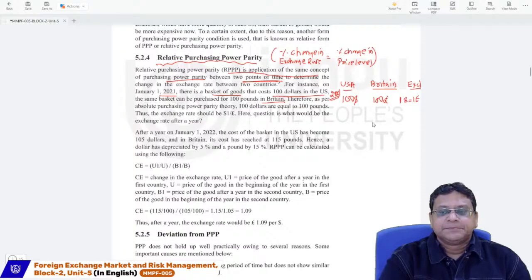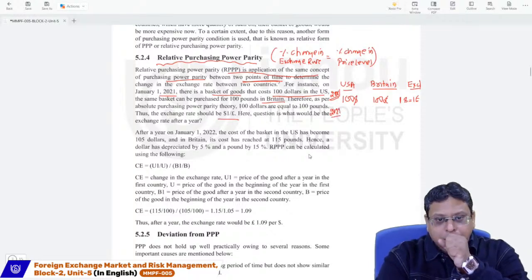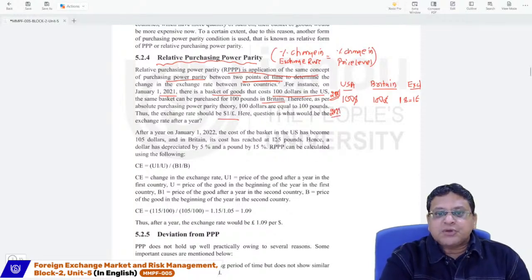Next, what happens? The exchange rate is $1 equal to £1. After a year, in 2022, the cost of the basket in the US has become $105. So $100 becomes $105.